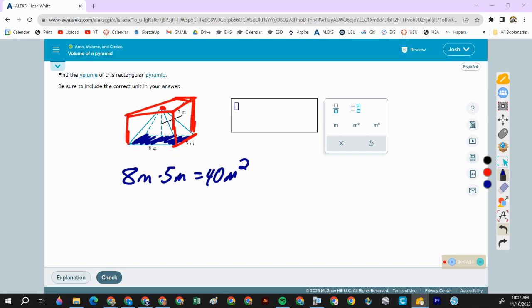The volume of the pyramid is exactly 1/3 the volume of the entire cube. So the height is 7. So 40 times 7 is 280 meters cubed. That is the entire rectangular prism, and the pyramid is exactly 1/3 as big as that. So we just divide this by 3.